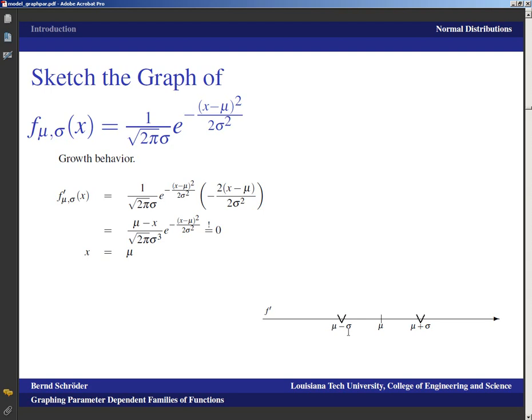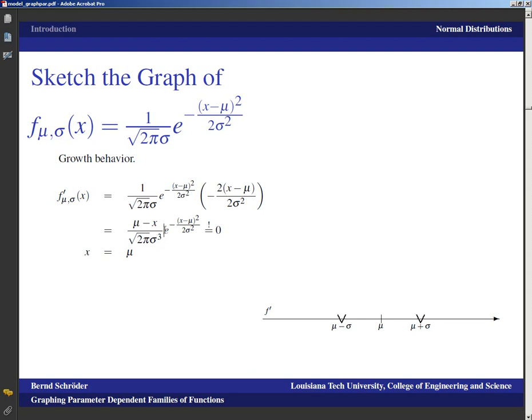So let's see, f prime at mu minus sigma. You know how that goes by now if you are trying to do that in your head, and that is that you want to dismiss certain terms. And here we really have no choice but to do it in our heads, because these things are all given just symbolically, right?